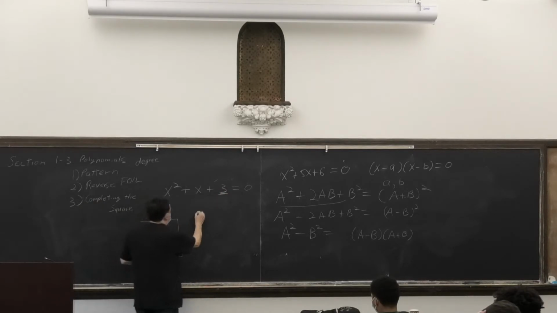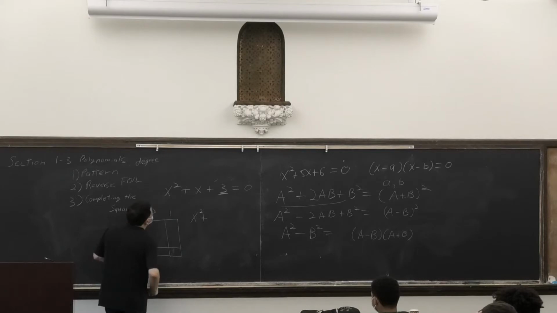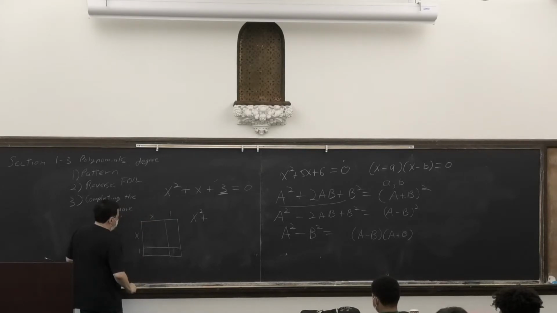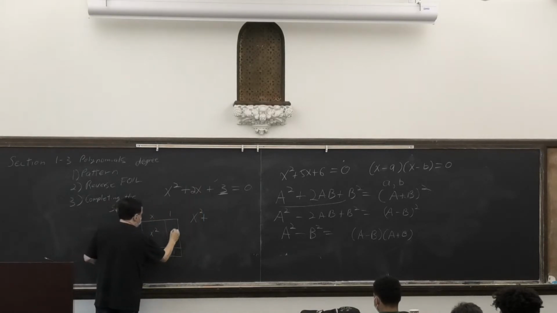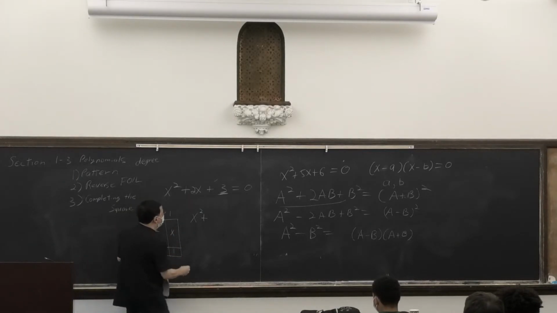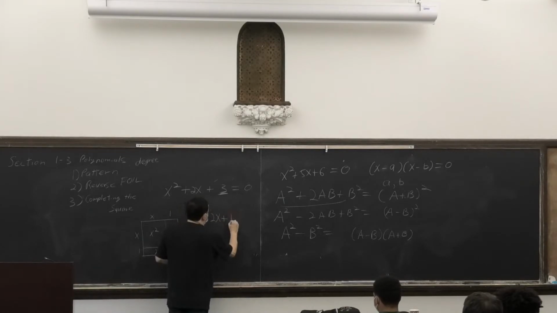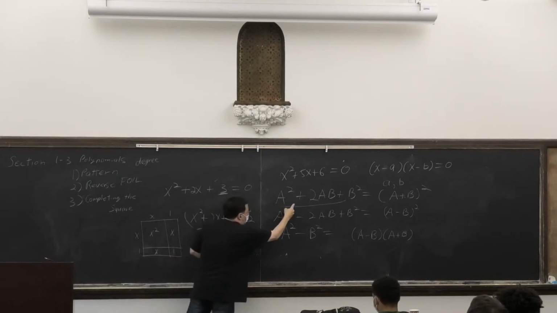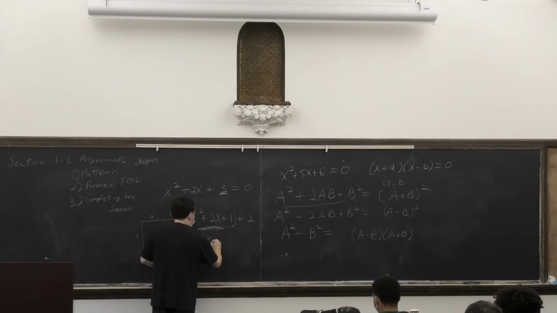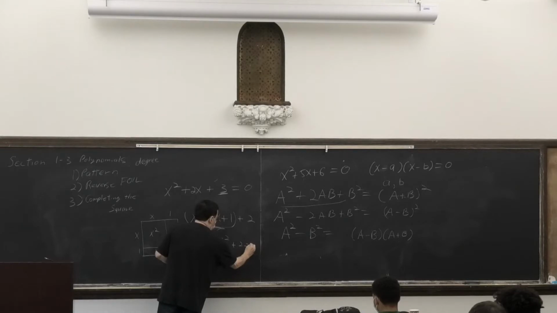All right, so I can say this is x squared. Well, actually, that's not going to work, is it? I guess I'm going to have to cheat here. So this is going to be x squared, this is going to be x, this is going to be x. That's where my 2x comes from. This will just be 1. So I have x squared plus 2x plus 1. Oh, but I have something left. Now I have this pattern here. So I have (x plus 1) squared plus 2 equals 0.